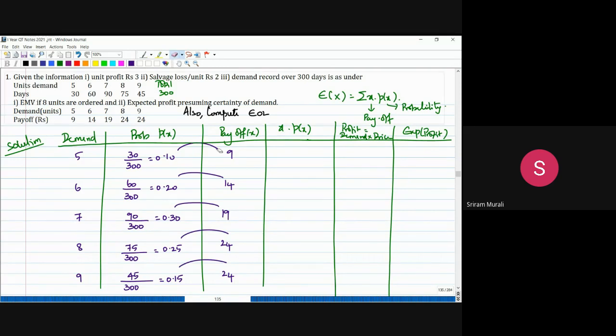If I multiply these two, you get 0.90, 2.8, 5.7, 6.0 and 3.60. The EMV, that is the expected monetary value, is equal to 19.